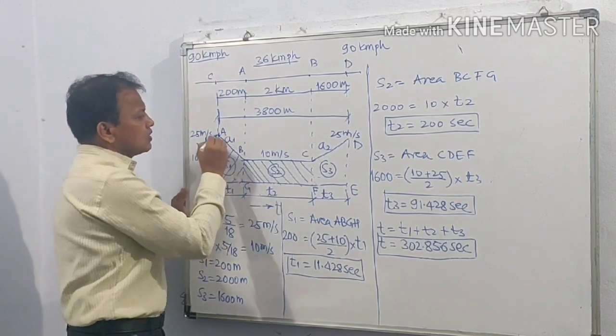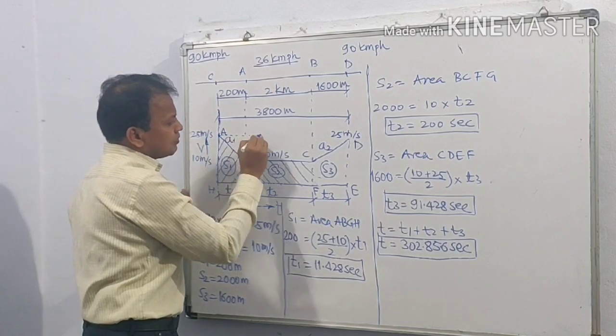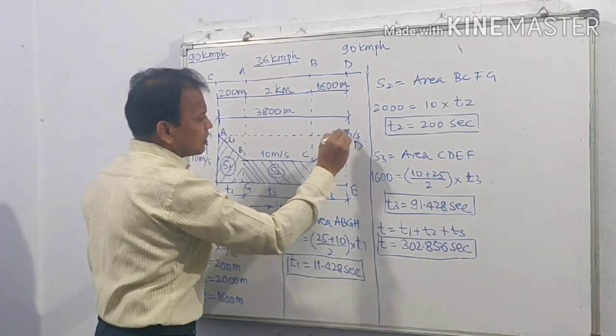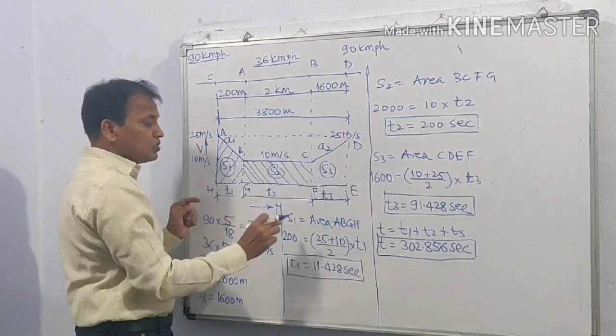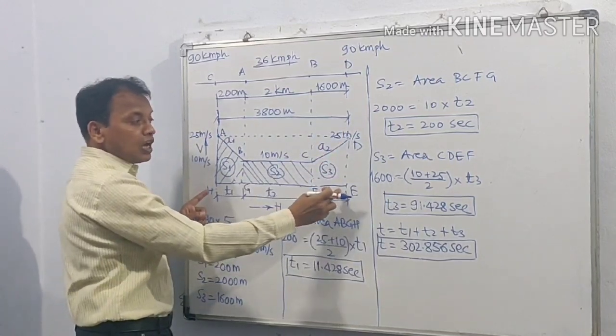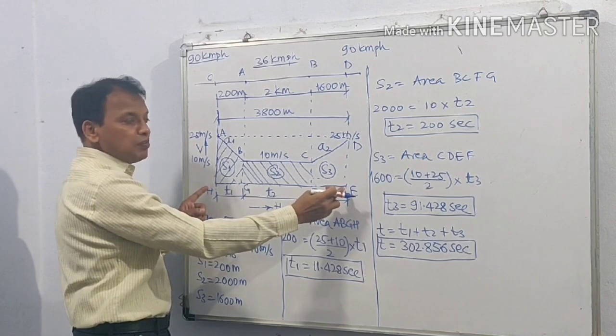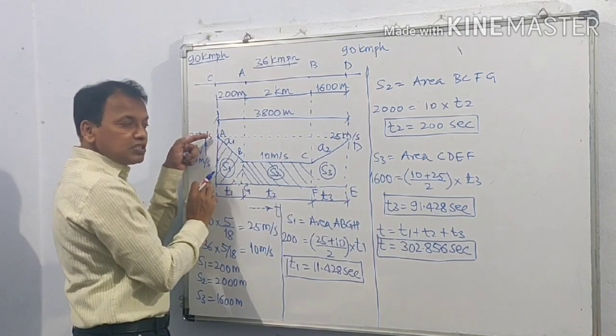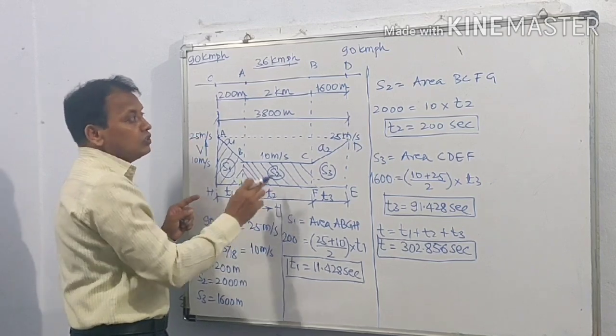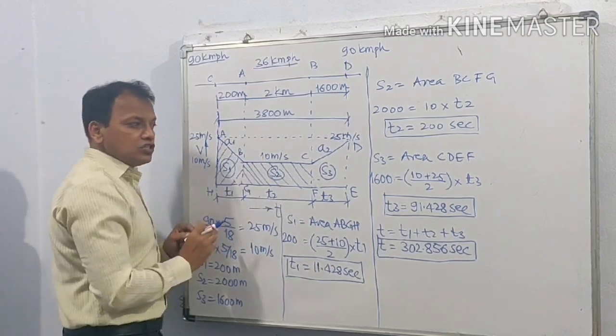So here the diagram will be in this manner. So rectangle with uniform velocity. We don't know time t. Let this time be capital T and this is 25 meter per second and distance is 3800.